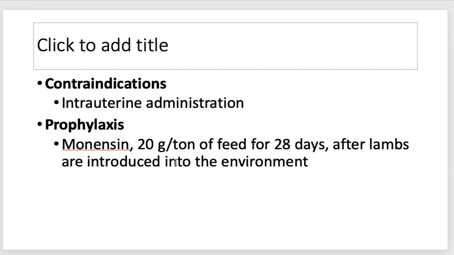Contraindication: intrauterine administration, so do not use it in that case. You can also use monensin as a prophylaxis for lambs and goats.